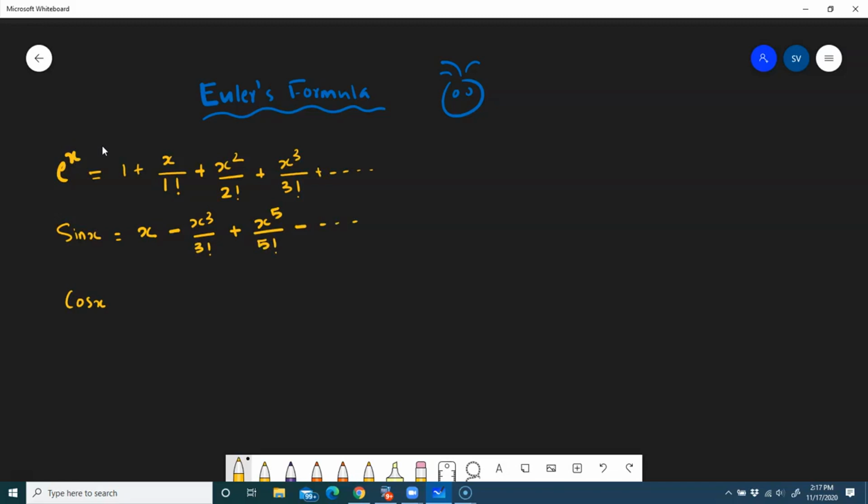Similarly, for cos x we have 1 minus x square by 2 factorial plus x to the power 4 by 4 factorial minus, etc. So you can see there is an alternate sign change, but all terms of the exponential series e raised to x are positive.